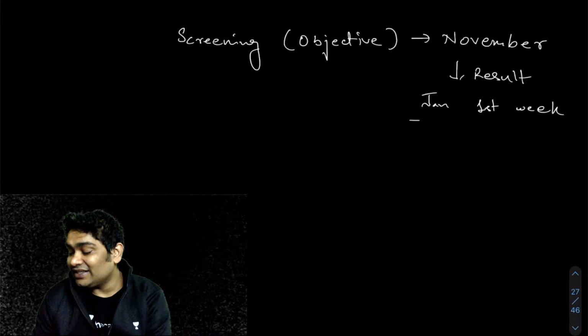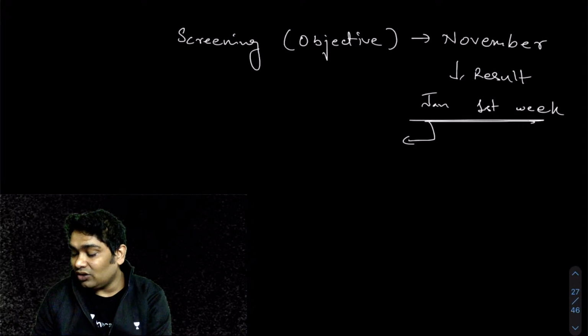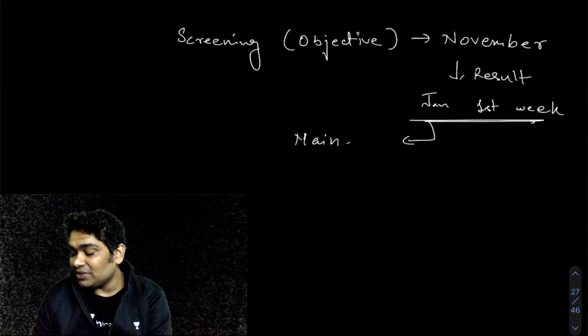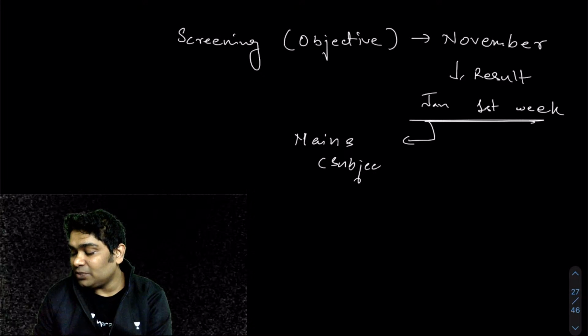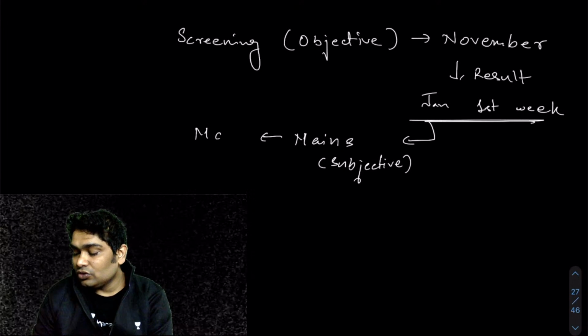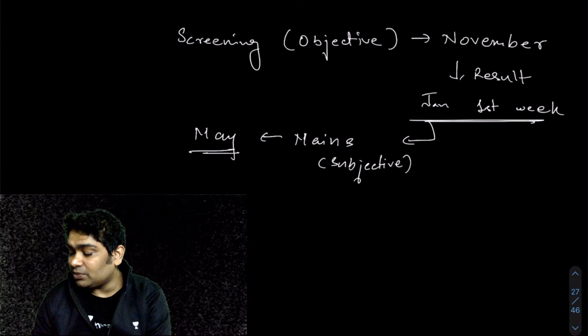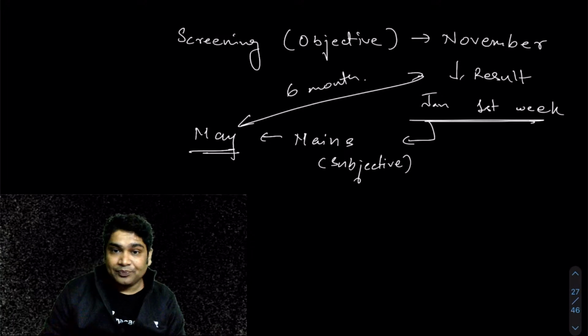If you qualified, you took the second stage, then called Mains, which was a subjective paper. This paper used to happen in May. So there was a 6 month gap between these two papers.